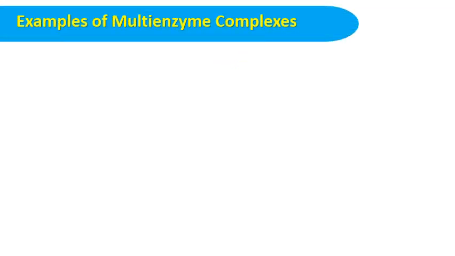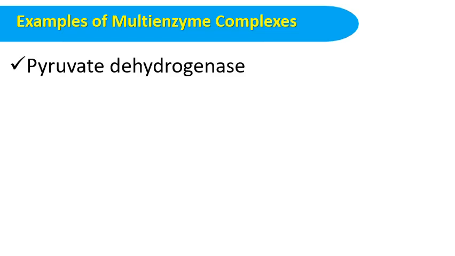Now, let's see some examples of these multi-enzyme complexes. The first one we will look at is the pyruvate dehydrogenase complex. It's not just calling it pyruvate dehydrogenase, but recognize that it's a complex. So it is pyruvate dehydrogenase complex. Some people abbreviate it to be PDH, while others abbreviate it to be PDC.